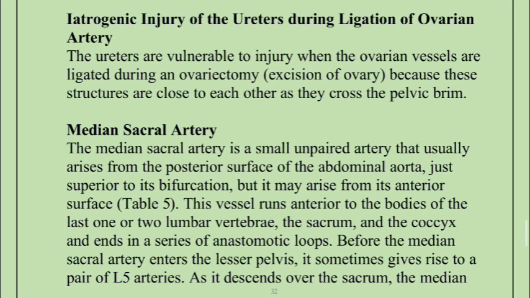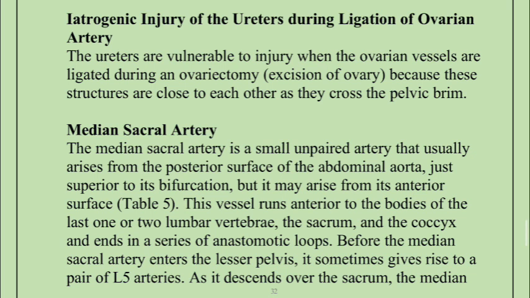Now let me talk about the medial sacral artery. The medial sacral artery is a small unpaired artery that usually arises from the posterior surface of the abdominal aorta. A while ago, I talked about the ovarian artery coming from the abdominal aorta. Now I'm talking about the medial sacral artery, which is also coming from the abdominal aorta.